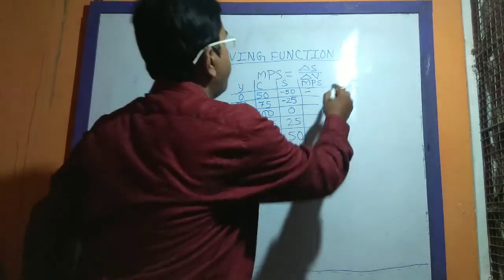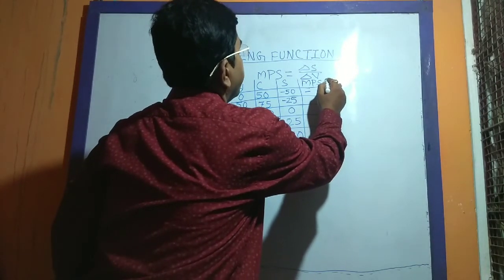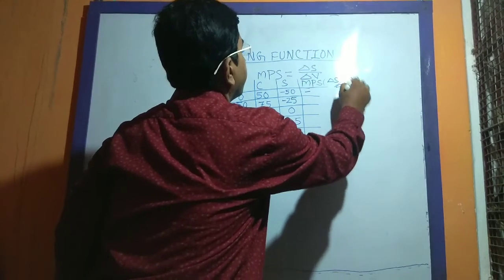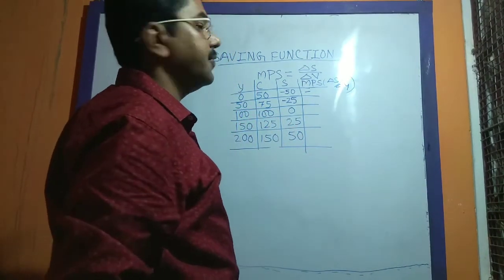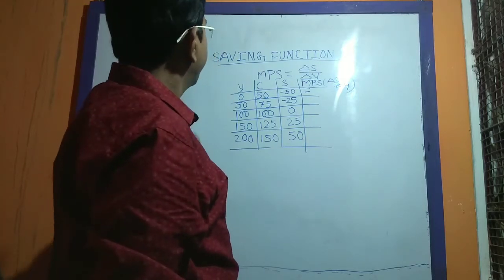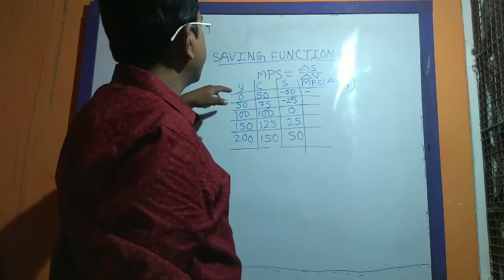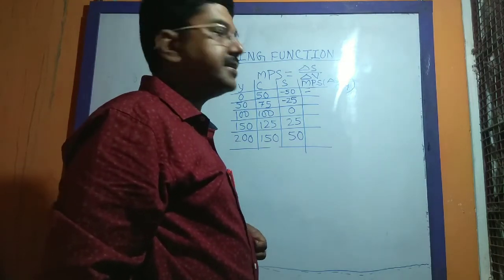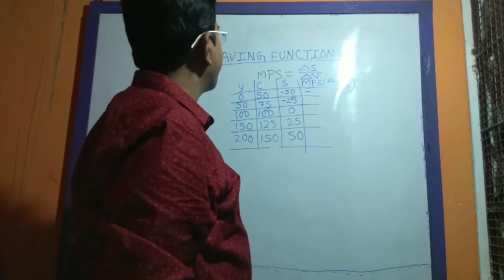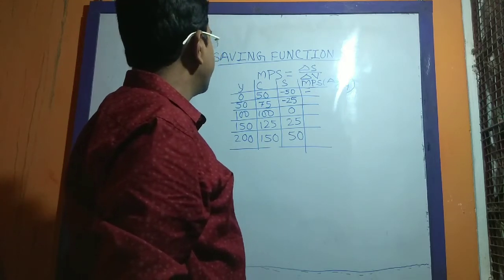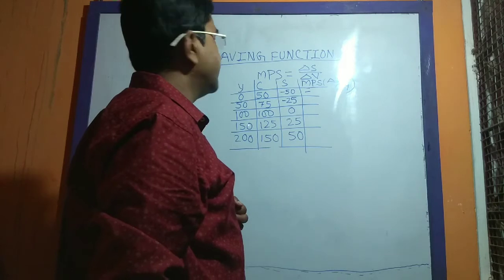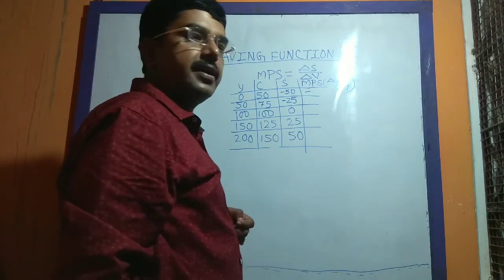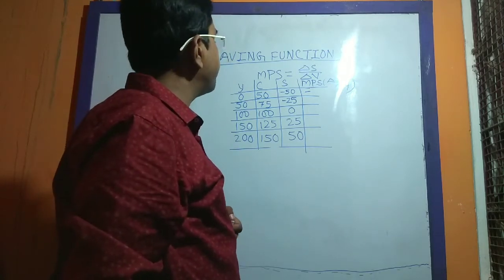So MPS equal to delta S by delta Y. When income is 0, consumption is 50, the minimum consumption called autonomous consumption. When income increases from 50 to 100, 100 to 150, 150 to 200, consumption also increases, from 50 to 75, 75 to 100, 100 to 125 and 150.